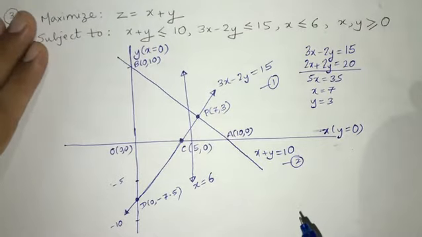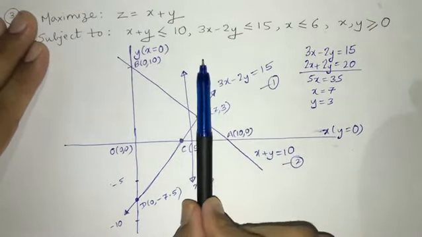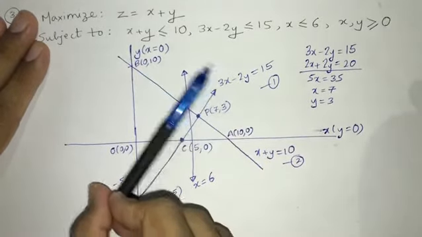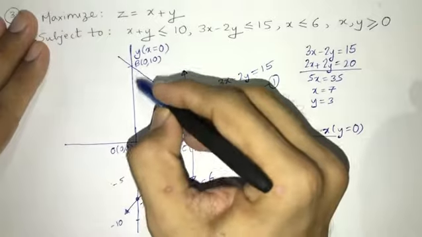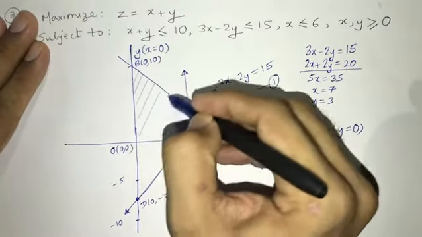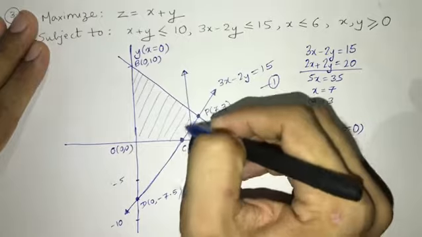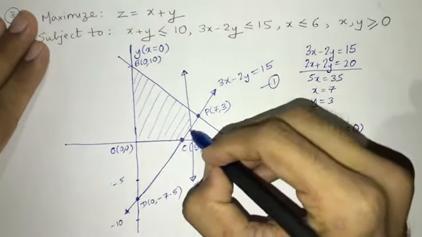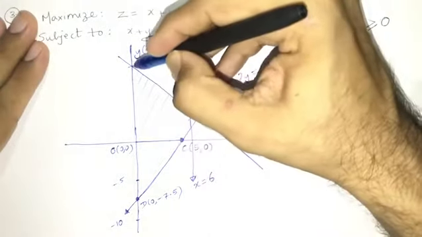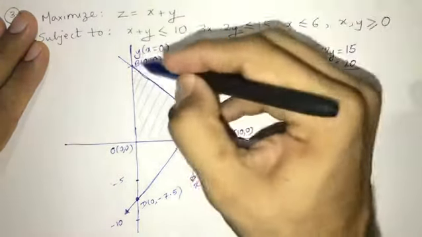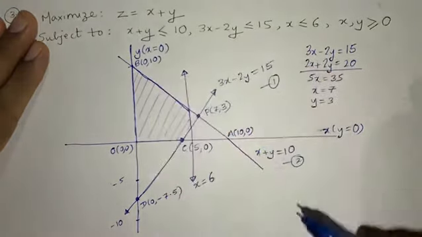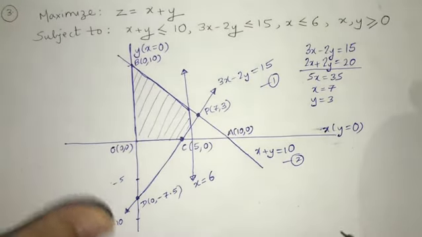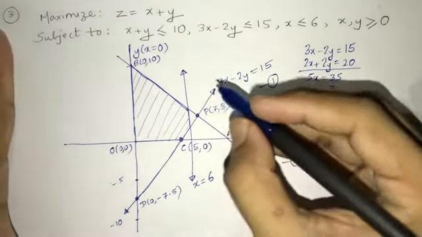So for this line also it is the origin side, and we have to restrict our solution to the first quadrant. This is the feasible region. We get 1, 2, 3, 4 and 5, a 5-sided polygon, a pentagon. Let us name the unknown points here.